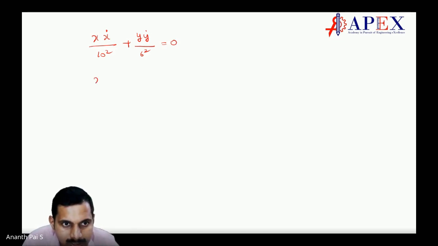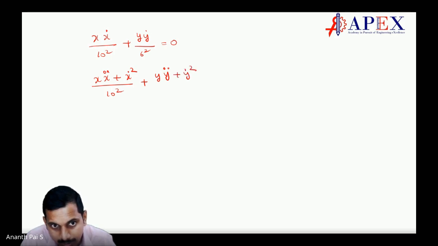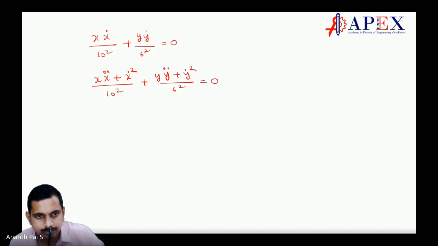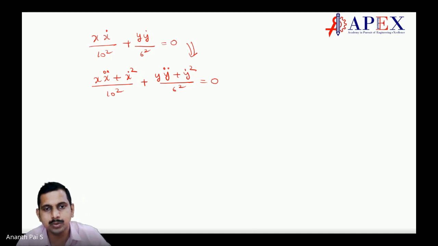You will get x double dot plus x dot square, divided by 10 square, plus y into y double dot plus y dot square, divided by 6 square. You get this? Understood? How did we get this?